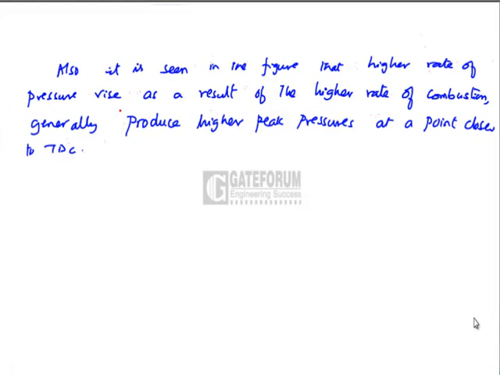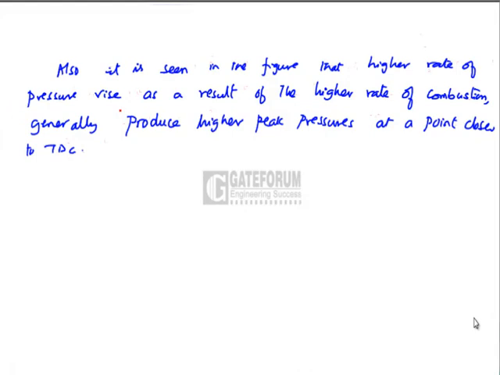So, a compromise between these opposing factors is accomplished by designing and operating the engine in such a manner that approximately one half of the pressure rise takes place by the moment the piston reaches top dead center.